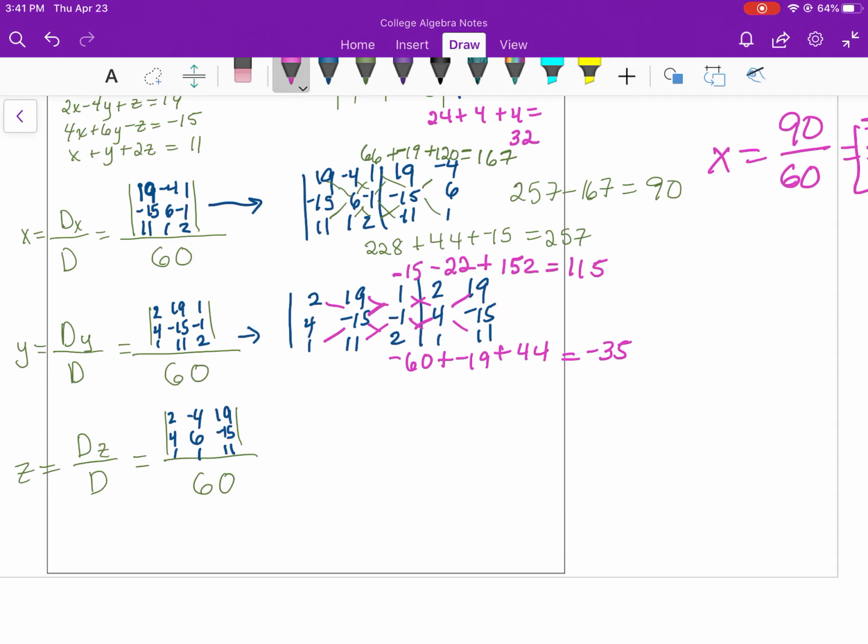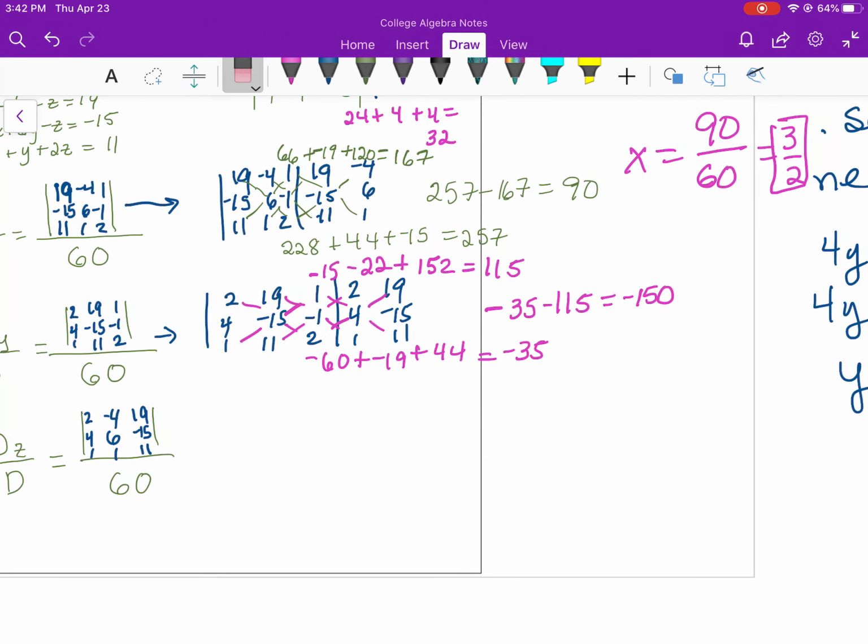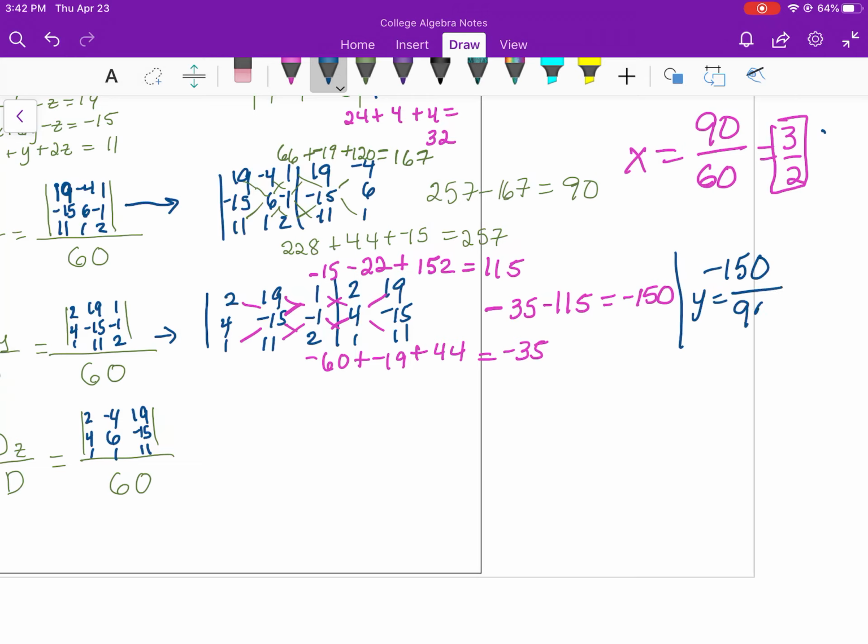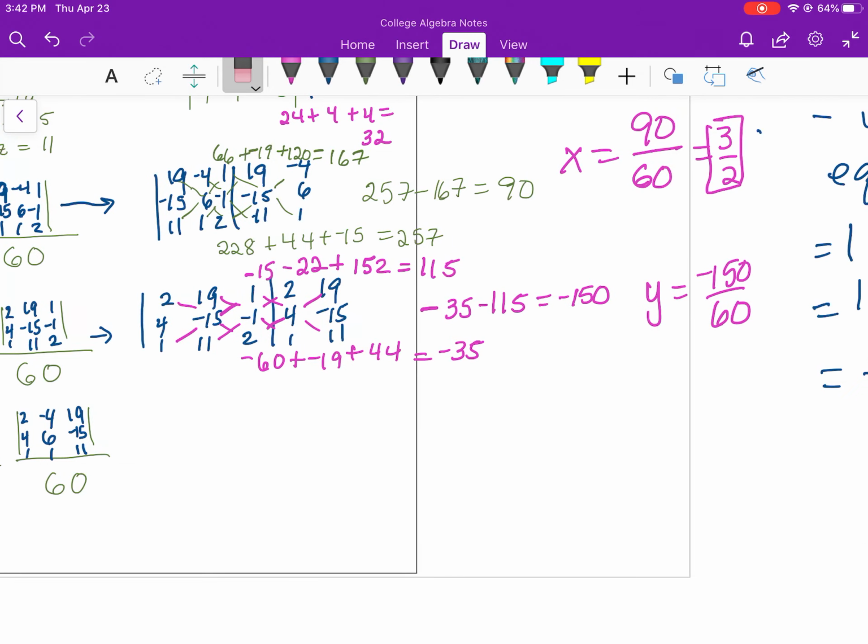That's 115. Negative 35 minus 115 is negative 150. Erase some more of this stuff. Okay. So y is negative 150 over 60. And that is going to be negative 5/2. I can divide those by 30.